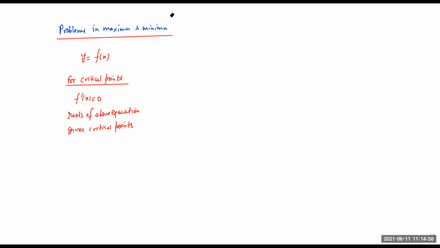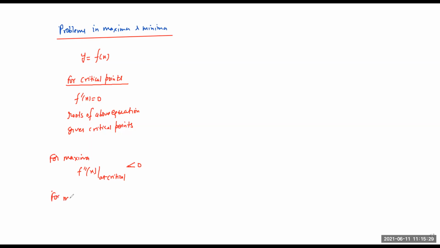If you remember, we had written the condition. For maxima, the double differentiation of the variable at the critical points, which we have got above, should be negative. If you substitute the critical point instead of x in the second derivative and it turns out to be negative, then you are going to get a maxima.